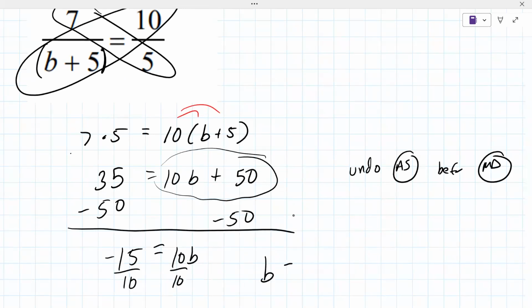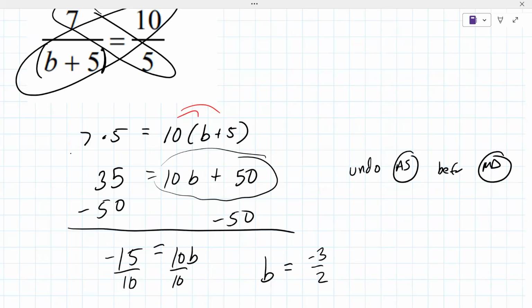So b equals negative 3 over 2. Yeah, negative 3 over 2. Good.